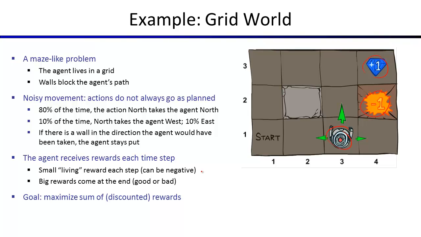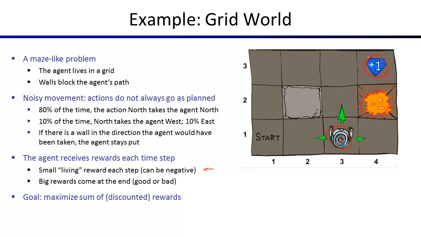There might be something called a living reward. The idea there is that you penalize the agent for taking time to get to the goals. An MDP doesn't have to be set up with goals. This is a special kind of MDP where there's a goal state in some sense. Once you take the exit action from this state over here, you reach this done state where everything's done, nothing happens anymore. It doesn't have to be that way.